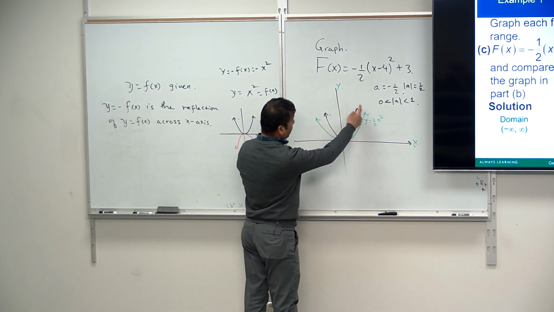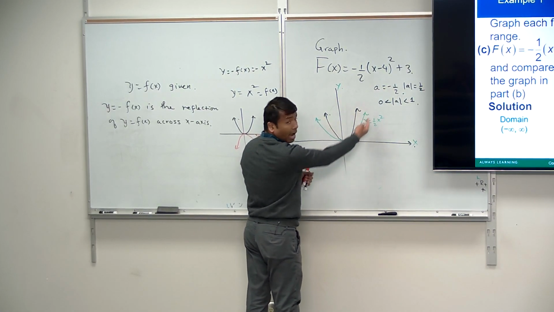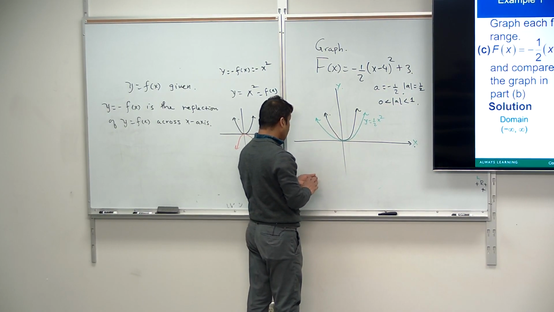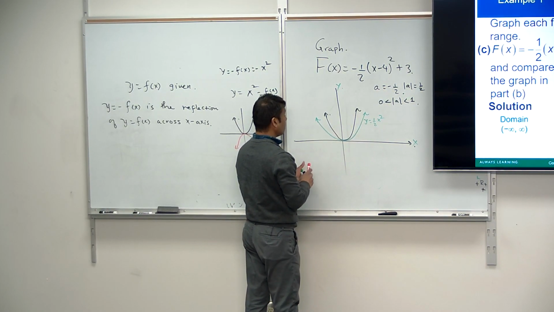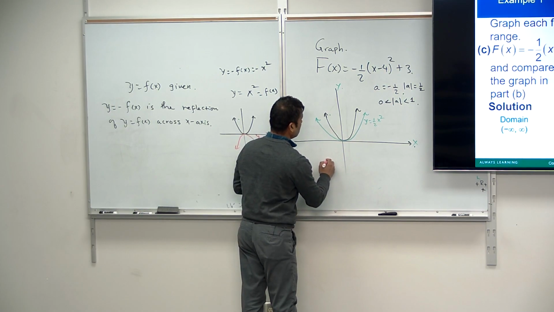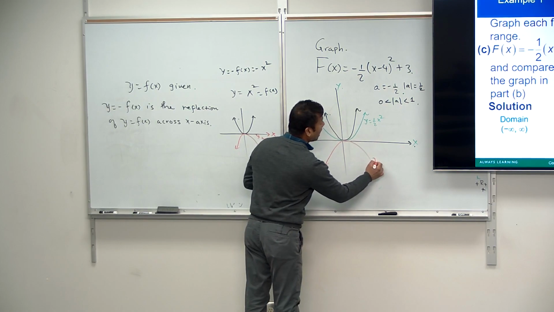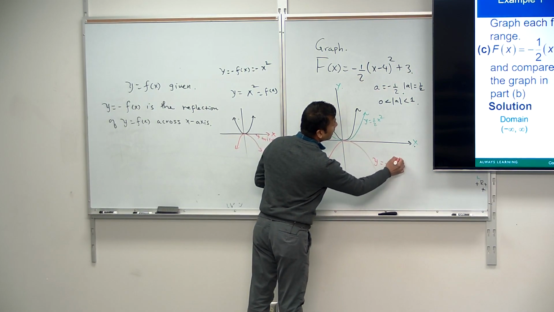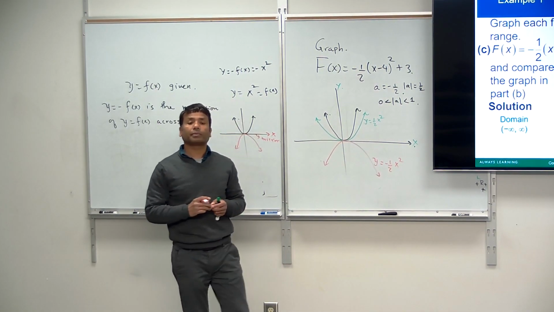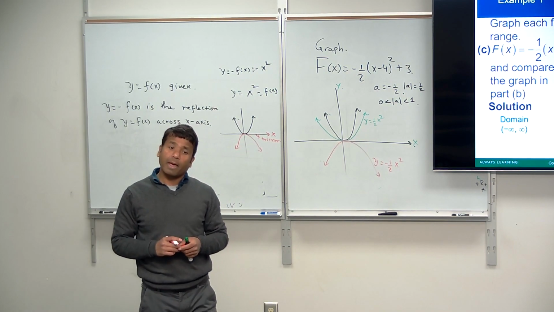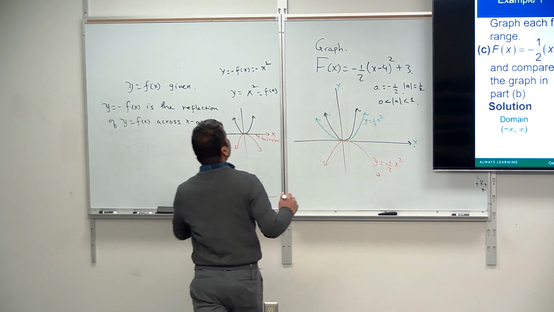So you reflect the green graph, then you'll have something like this. Agree? So now this is the graph of what? y = -1/2 x^2. That makes sense.